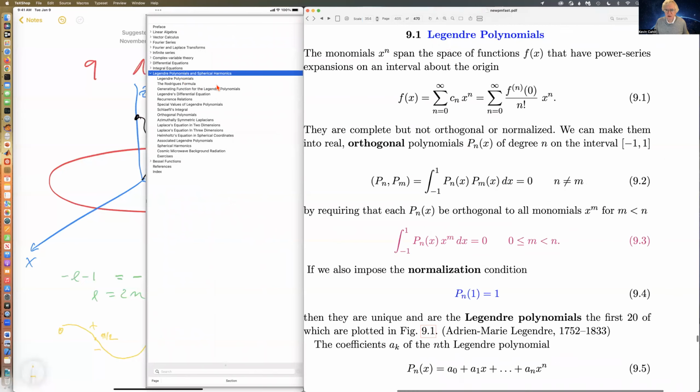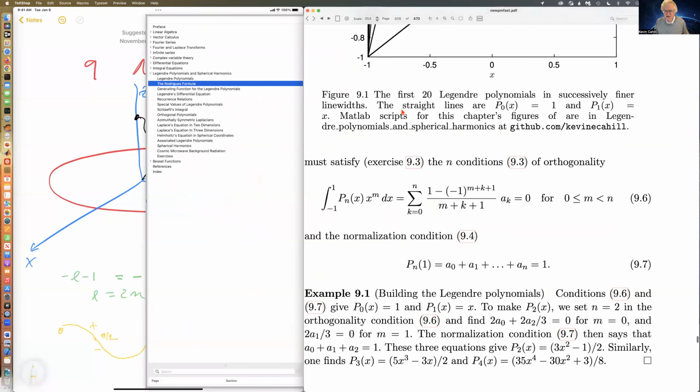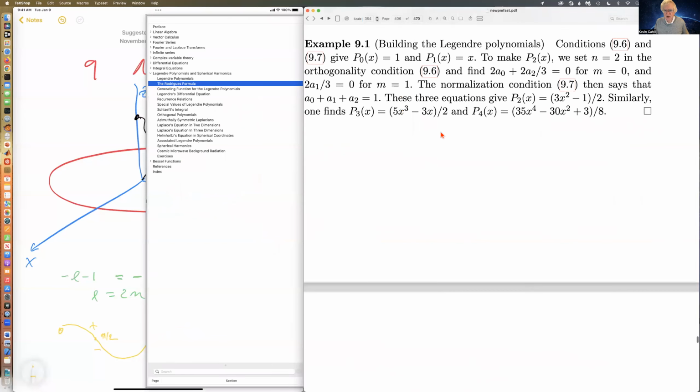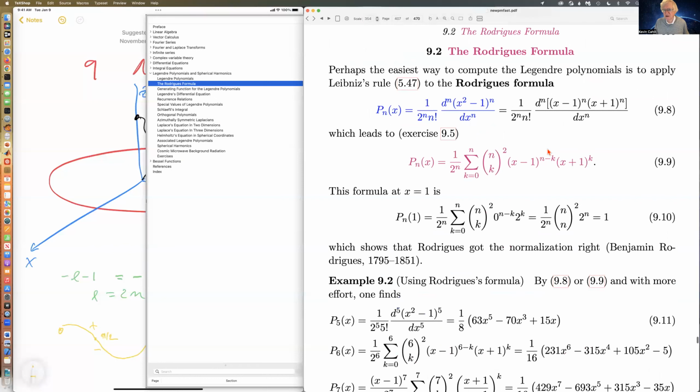Let's see if we can see why it is. Well, all right, we can see it just by examples here. P2 is x to the 2 and x to the 0. P3 is x cubed and x to the first power. P4 is x to the 4th, x squared and 3. So it's basically even powers.